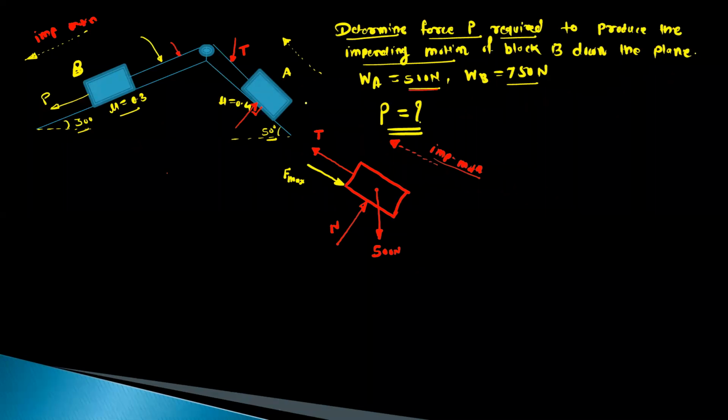Now assume the reference axis like this. This is the y axis and this is the x axis. Try to resolve the forces which are inclined with this reference axis.